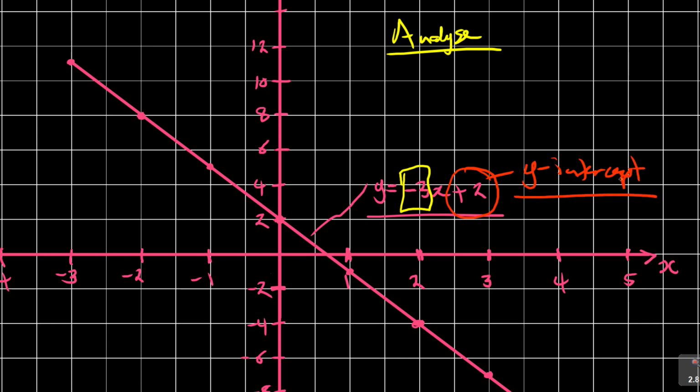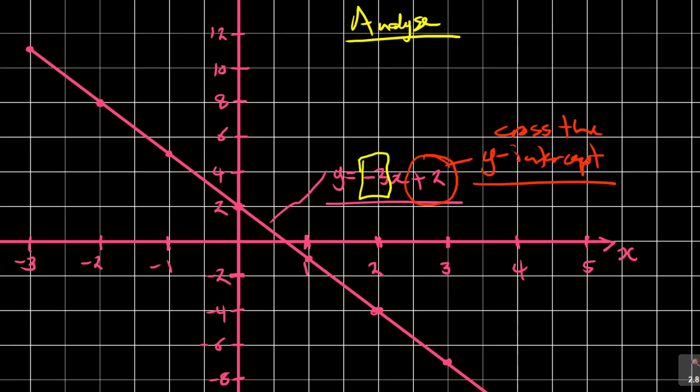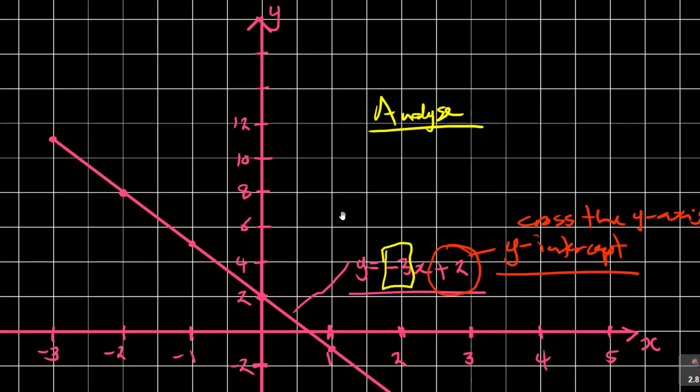Meaning it is where the graph crosses. To intercept is to cross the y-axis. I just wanted to write this clearly. So here you ask, where does it cross the y-axis? Which one is the y-axis?